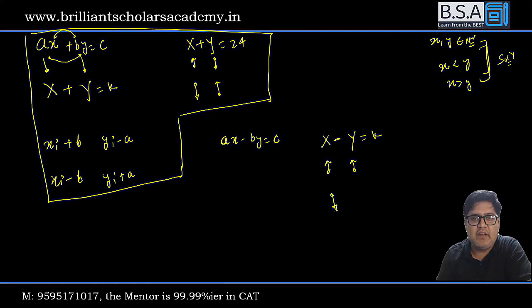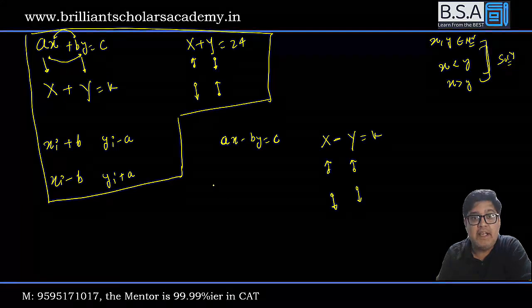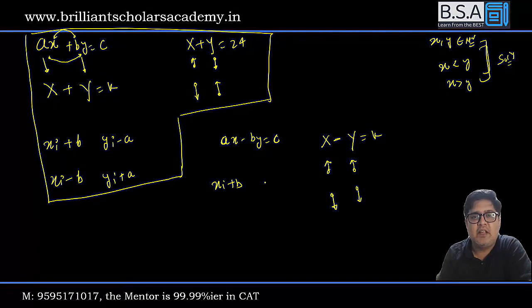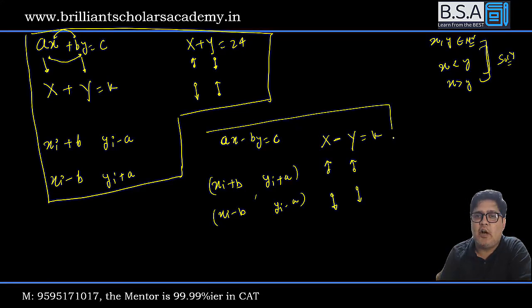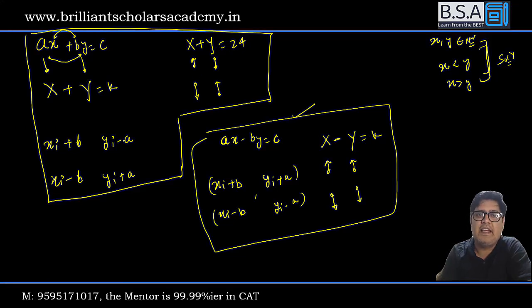If you decrease one of the numbers, the other must also decrease to maintain the constant. So in this case, if x increases, y will also increase. If x decreases, y will also decrease. So this is a pair. This also is a pair. The change is opposite. Here they increase and decrease together. Here the increase and decrease is alternate. This is a pair and this is a pair.